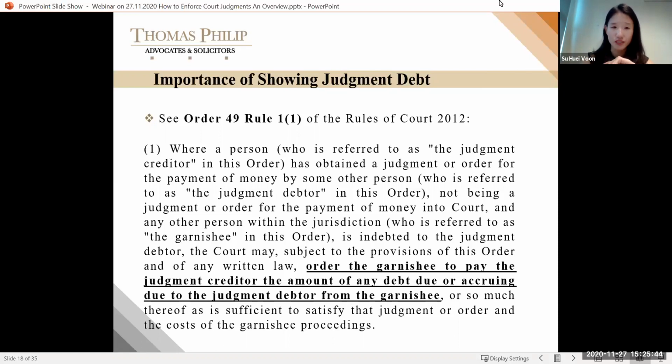The relevant provision is Order 49, Rule 1 of the Rules of Court.